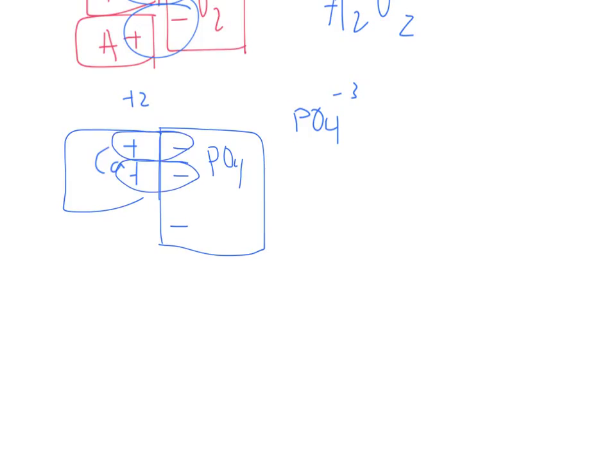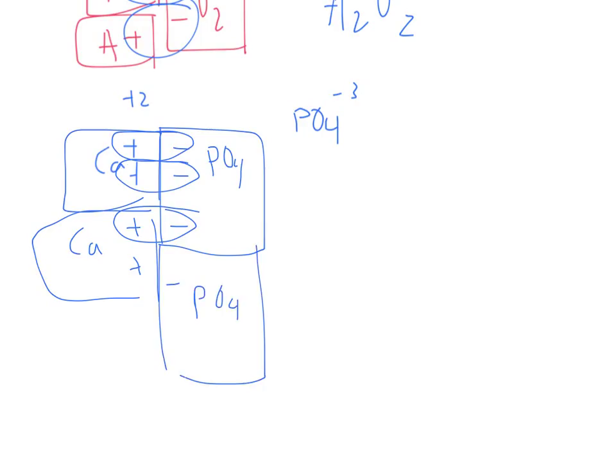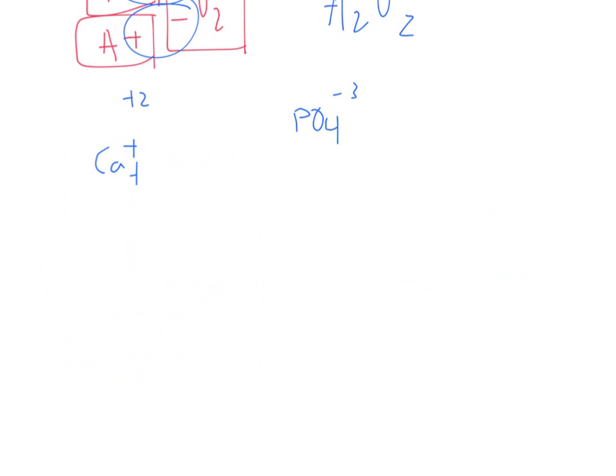So one of each is not enough. A second calcium only fixes half the problem. Another PO4 fixes one problem but creates another. So finally I see that Ca3(PO4)2 would be my correct ratio.